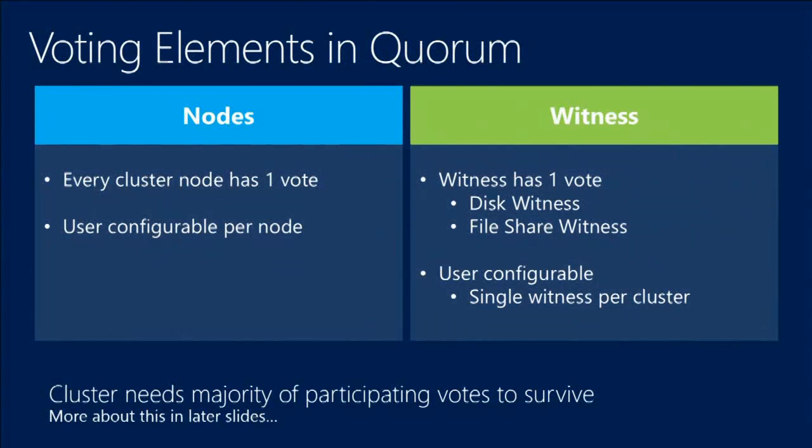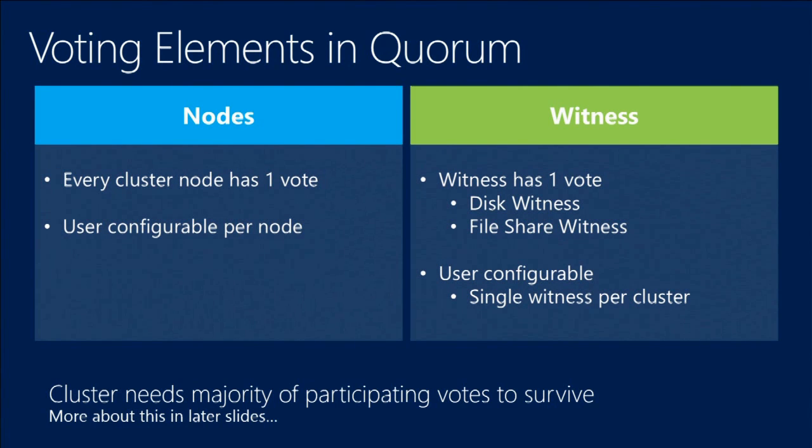So just a quick recap: as a simplified messaging, we are no longer talking about Quorum models. There is only one Quorum model, and that is a simple majority. And a majority of what? The voting elements. There are 2 types of voting elements, a node and a witness. Each node, by default, gets 1 vote, and that's configurable.